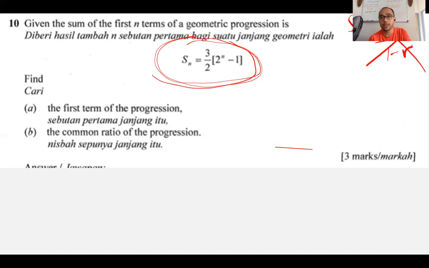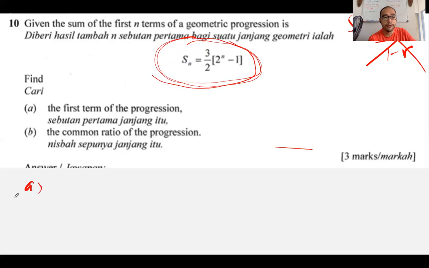Don't need to use this, because this and this are the same thing, cuma ini sangat lebih mudah. Kesilapan pelajar yang paling lazim, the most common mistake that students like to do is dia mau juga guna ini. Don't. If they have given you a simpler Sn, use the simpler Sn because it's supposed to help you.